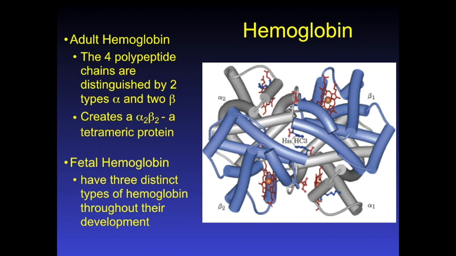Fetal hemoglobin is a little bit different. It actually has three distinct types of hemoglobin throughout the developmental stage. And what we're going to find is the most prominent is two alphas and two gamma subunits. Because what we have to do, in the fetal stage, is take the oxygen from the mother's bloodstream, from the mother's hemoglobin, and get it to the baby's hemoglobin.